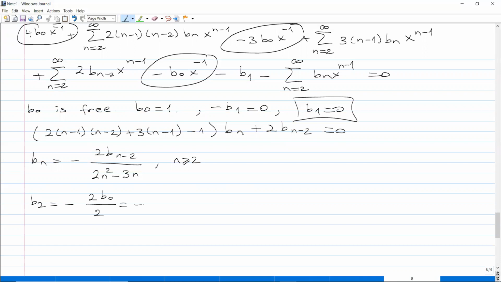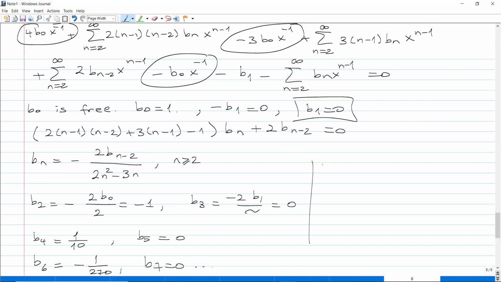So minus b0, this is minus 1. b3 is minus 2b1 over something, so that's 0. b4, again, if you use this formula, it's 1 over 10. b5 is going to be 0 again. b6 is going to be minus 1 over 270, and b7 is 0, and so on.